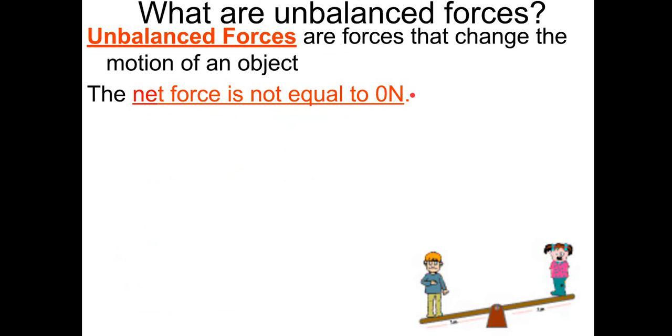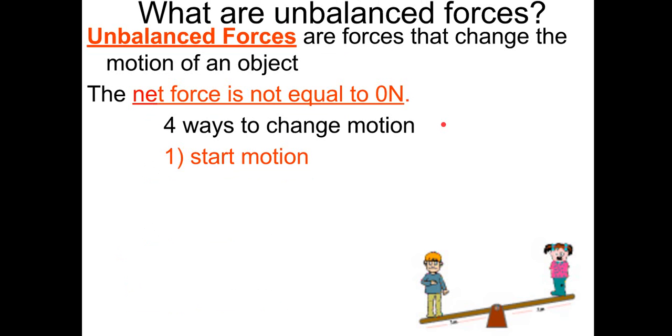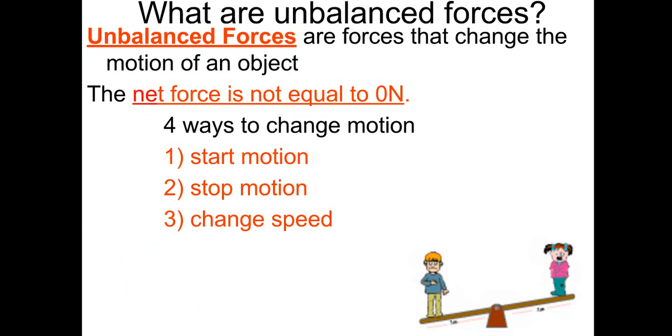There are 4 ways that you can change the motion of an object. First, an unbalanced force can cause an object to start moving. So to start motion, that's one way. The second way is to stop motion. So you have an object that's moving and then you apply a force to it to make it stop moving. You can also change the speed.